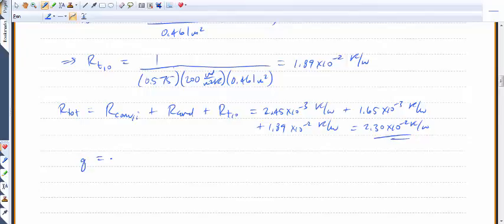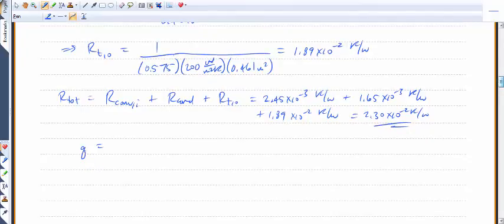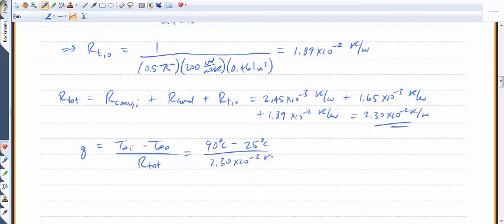So the heat then that flows through 1 meter of pipe is going to be your inside fluid temperature minus your outside fluid temperature all over R total, which is going to be 90 degrees C minus 25 degrees C over 2.30 times 10 to the minus 2 Kelvin per watt.